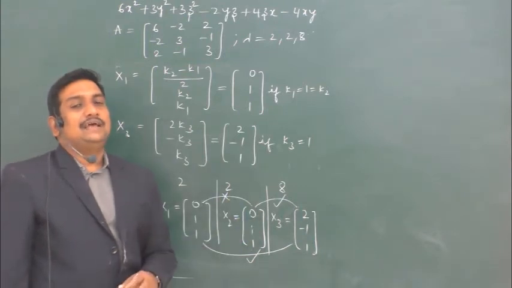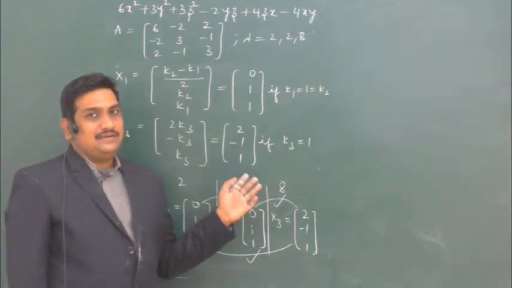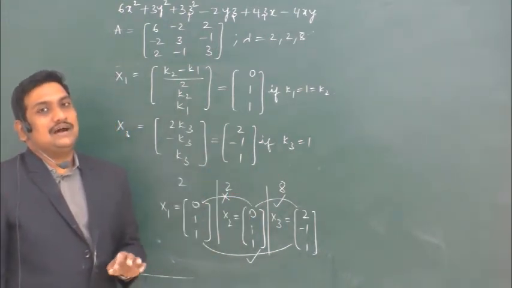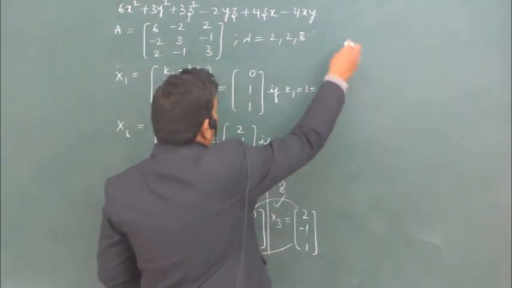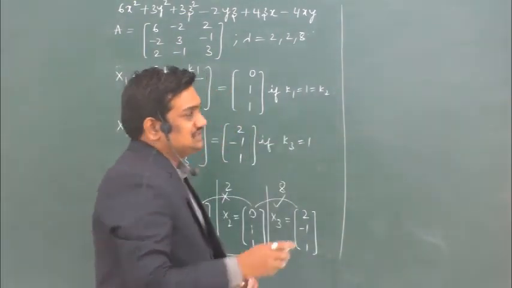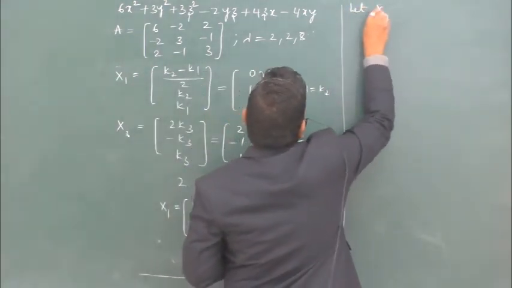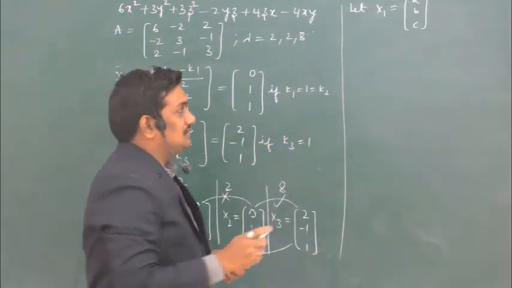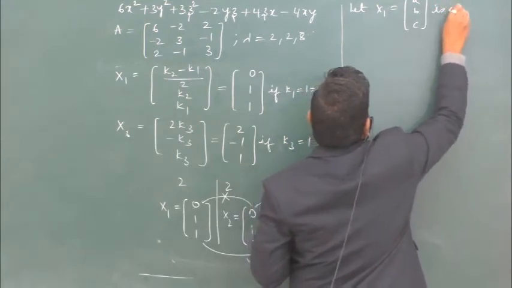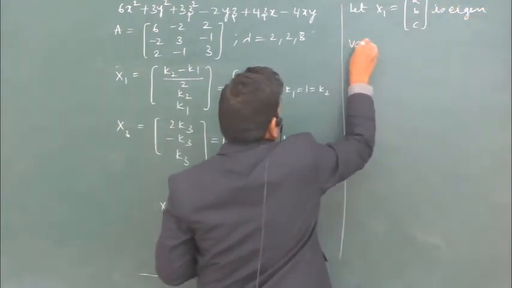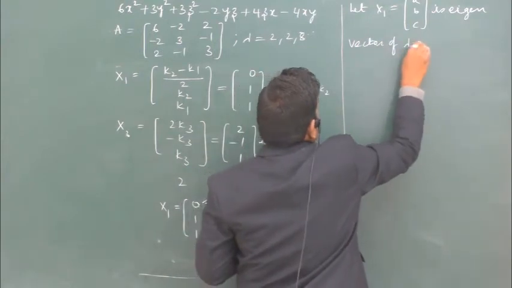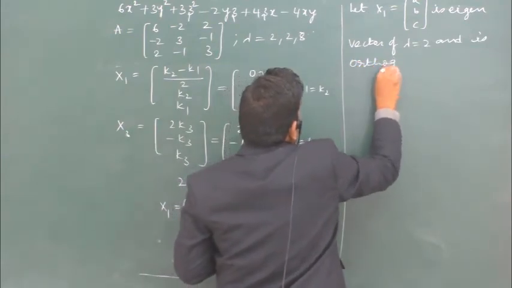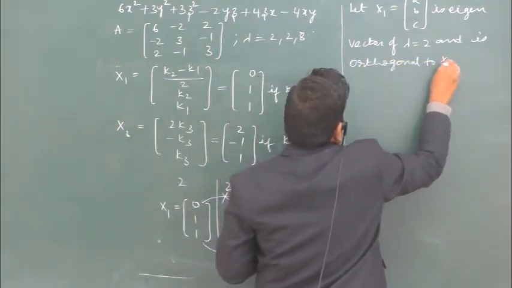In such cases, you need to assume one of the eigenvectors as ABC and assume it is orthogonal to the other two vectors so that all the eigenvectors are mutually orthogonal.